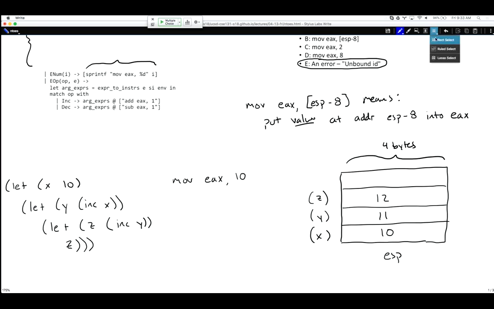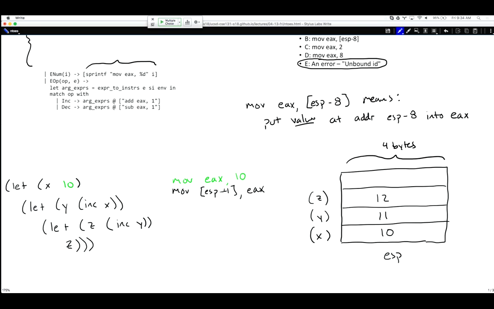And that's pretty clear. That instruction corresponds to this 10. Then the next instruction was move into ESP minus 4 the value in EAX. What part of the expression on the left-hand side does that correspond to?